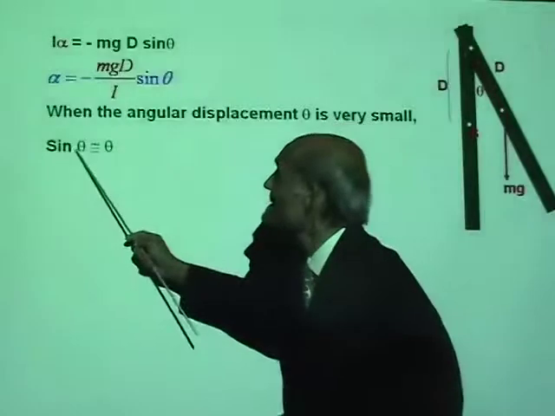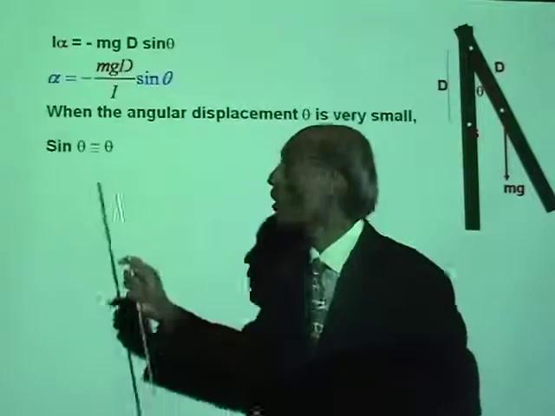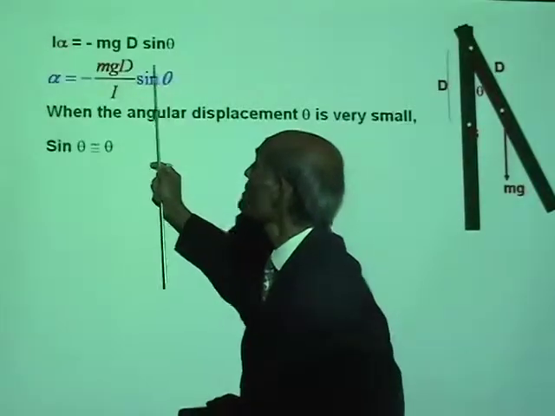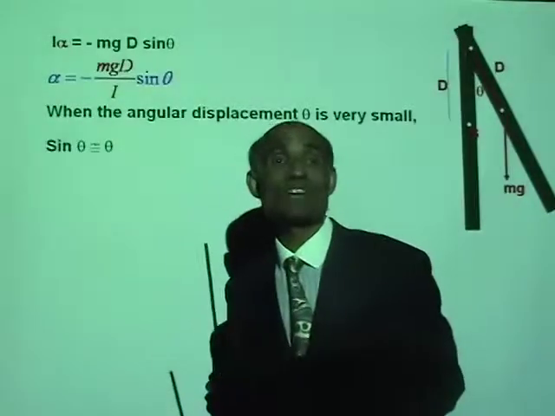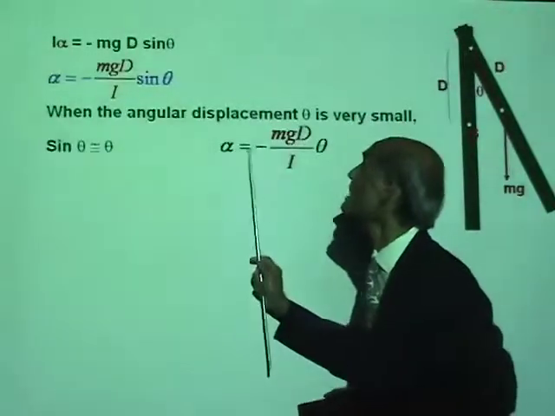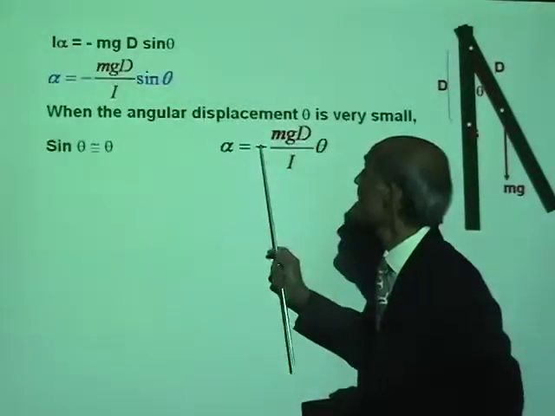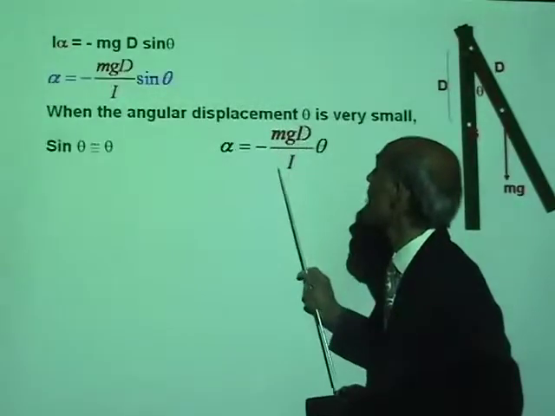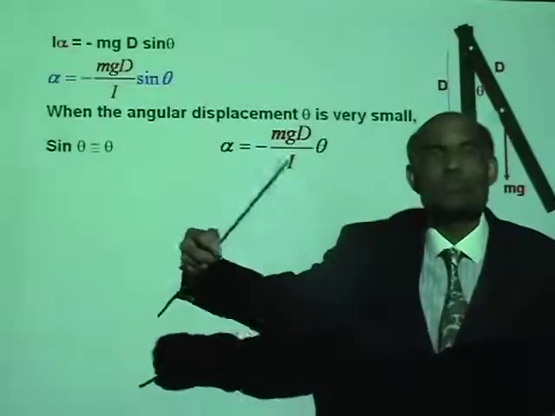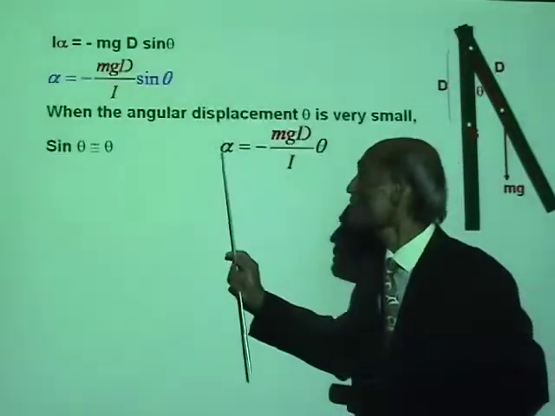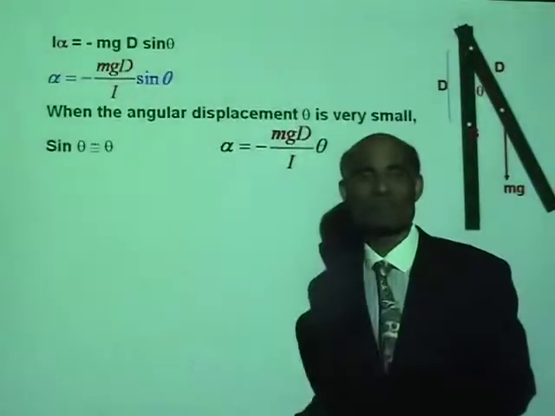Sine theta is approximately equal to theta when that theta is very small. So I'm going to replace this sine theta by theta, and what will be the angular acceleration equal to? Alpha equal to, alpha stands for what? Angular acceleration is negative mgd over I times theta, where theta is the angular displacement. Alpha is the angular acceleration, theta is the angular displacement.